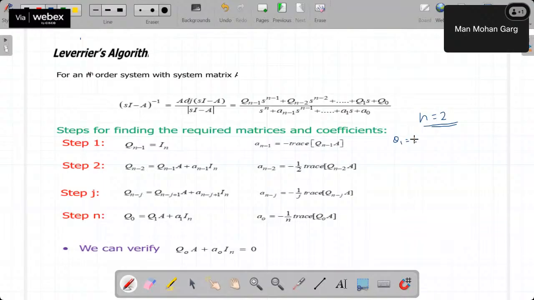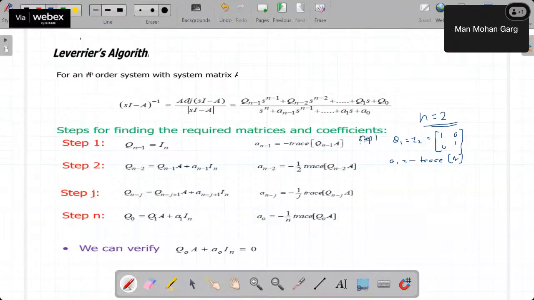Q1 will be I2, which is nothing but 1 0 0 1. Now what will be the A1? A1 will be nothing but minus this, and Qn minus 1 is this matrix itself multiplied by A. So this will be nothing but minus trace of A. So that is our step 1.